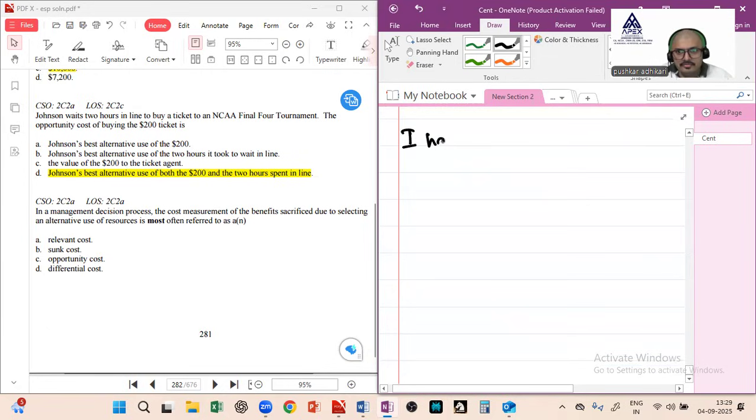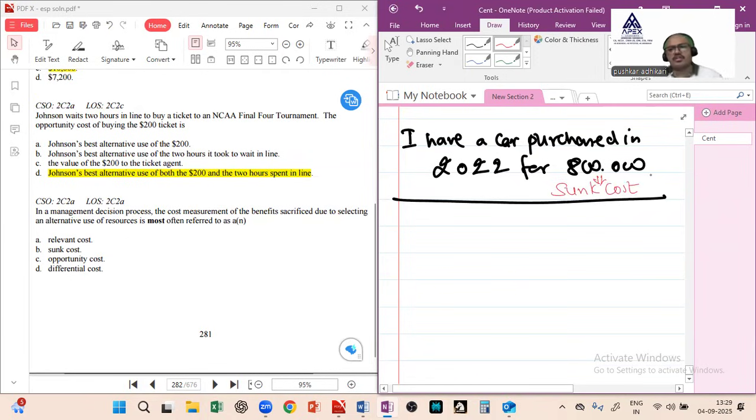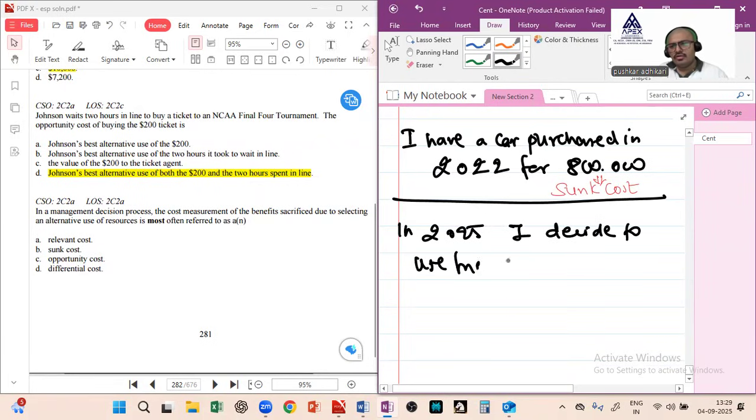Please understand. I have a car purchased in 2022 for $800,000. First of all, what is this $800,000? Is this a sunk historical cost? Yes or no? Please tell me that. It is a sunk historical cost. Now, in 2025, I decide to use the car as a shuttle cab.